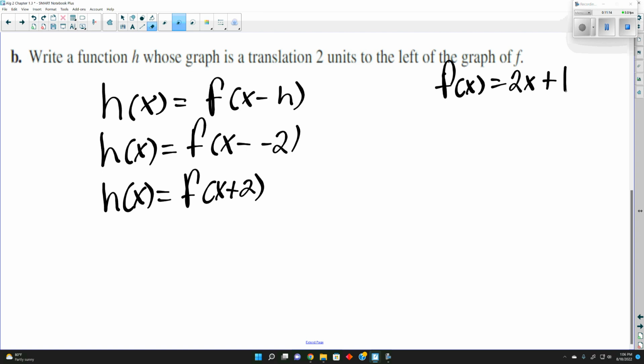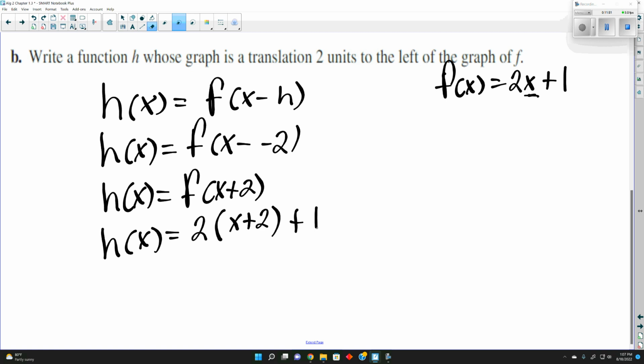Our original function was that f of x equals 2x plus 1, yes? Do I have f of x anymore? Now we have what? F of x plus 2, yes? I replaced x with what? X plus 2. So over here in the function, I'm going to be replacing x with what? Yes. Every place there's an x, we're going to replace it with x plus 2. So h of x is going to equal 2 parentheses x plus 2 plus 1.